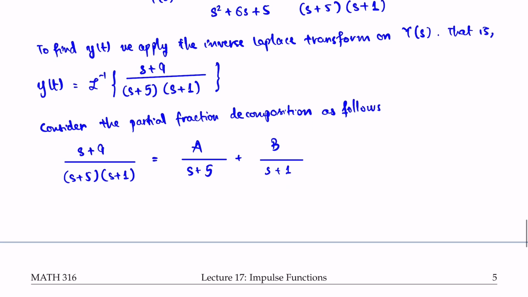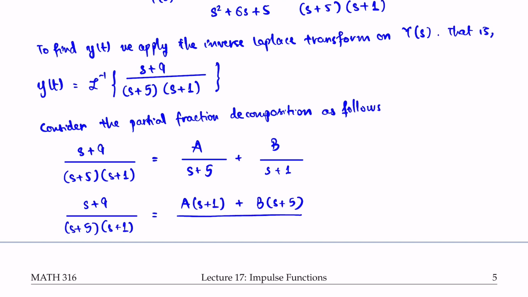Now, on the right-hand side, when you combine two fractions together, you find the common denominator. You have s plus 9 over s plus 5 times s plus 1 equal to A times s plus 1 plus B times s plus 5 all together divided by s plus 5 times s plus 1. So the denominators are the same now, you just match the numerators together.